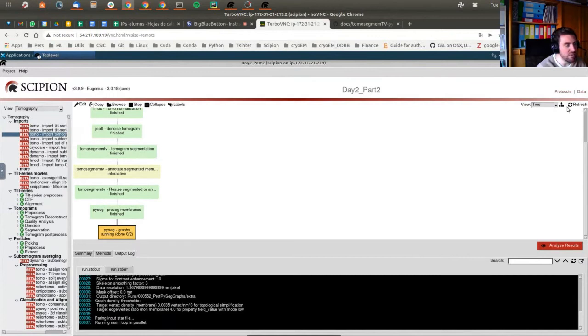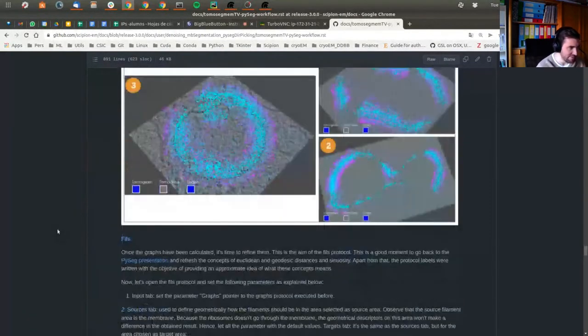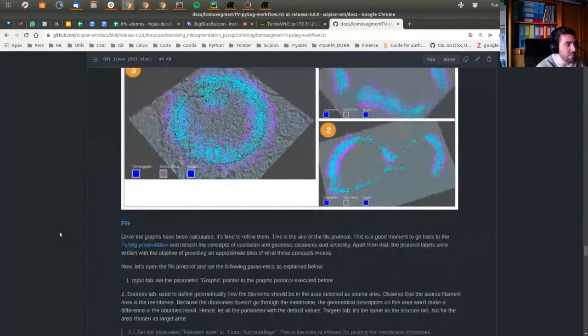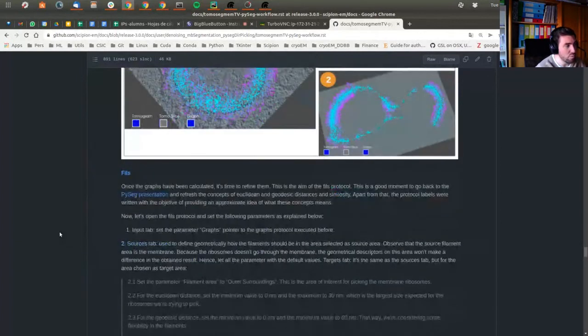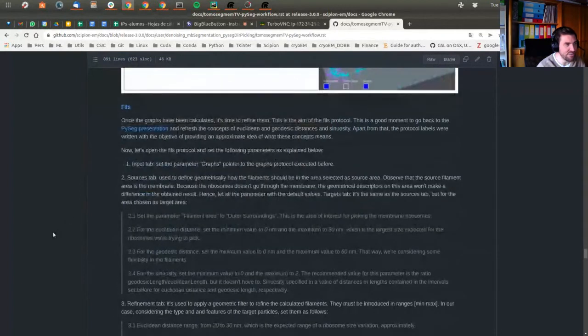Meanwhile, we can discuss the results we are going to obtain later, so we can parallelize, we can go through these tasks in parallel. So what are we going to do with the other?